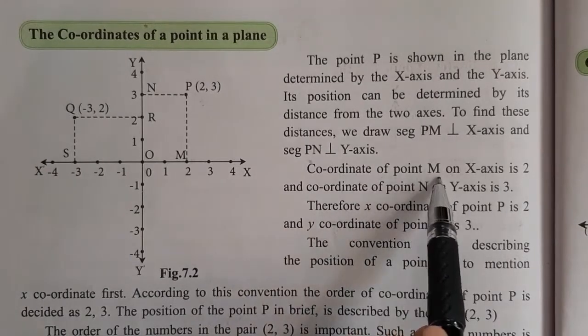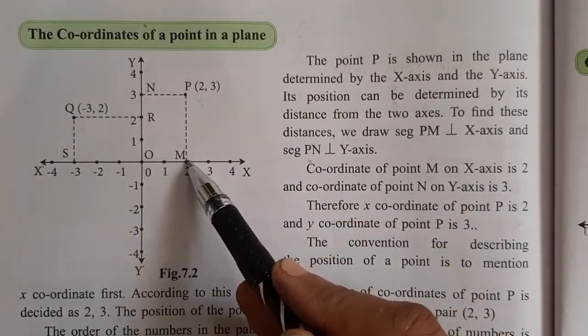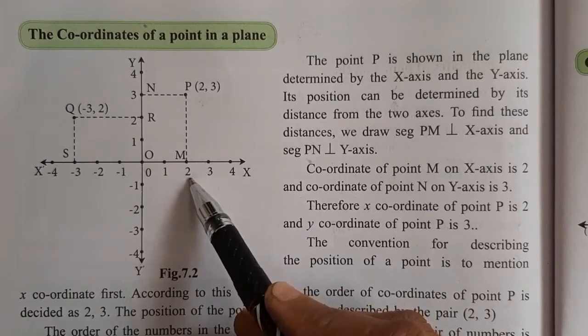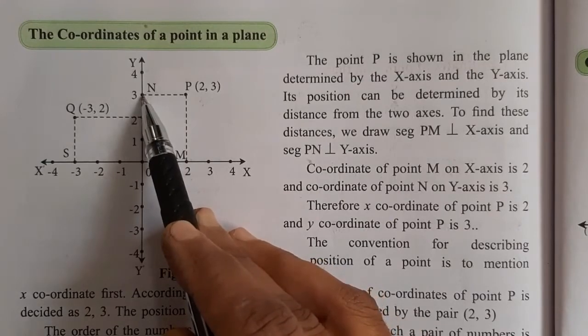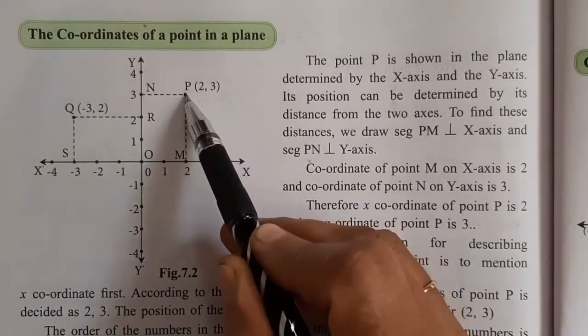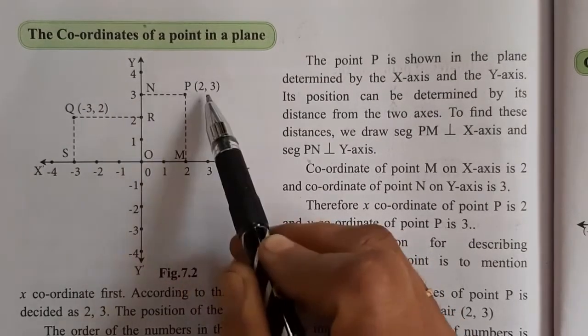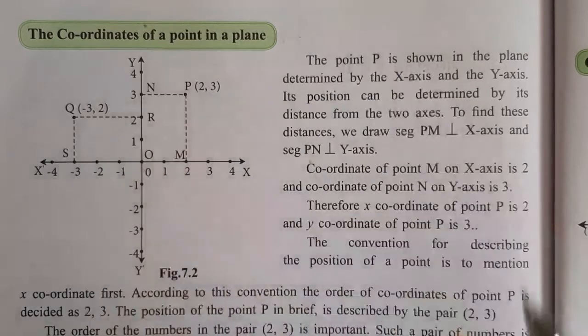Coordinates of point M on the x-axis is 2 and coordinates of point N on the y-axis is 3. Therefore, the x coordinate of point P is 2 and the y coordinate of point P is 3. So we can represent point P as (2, 3).